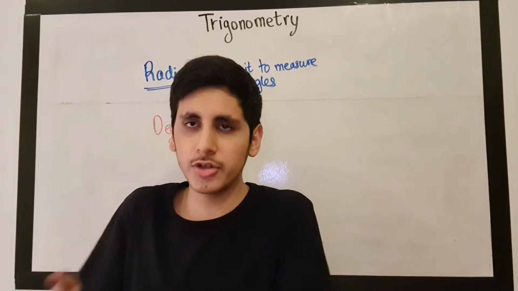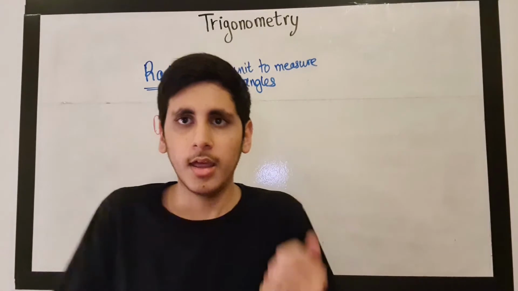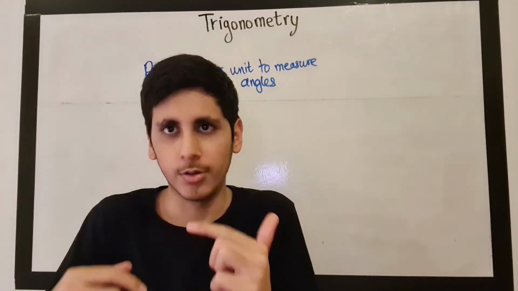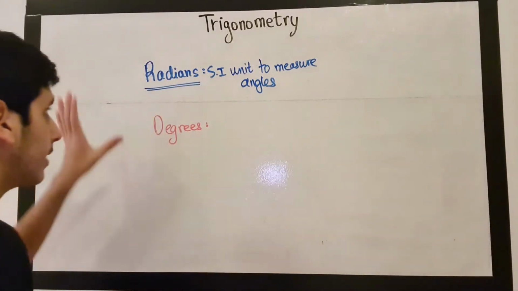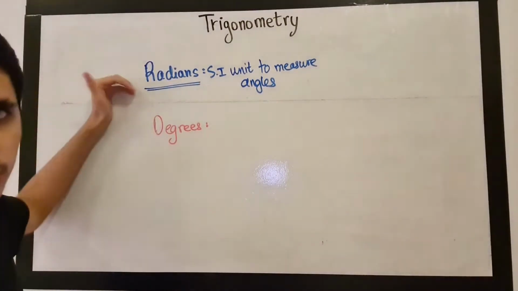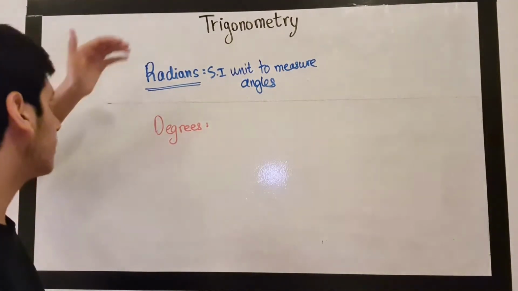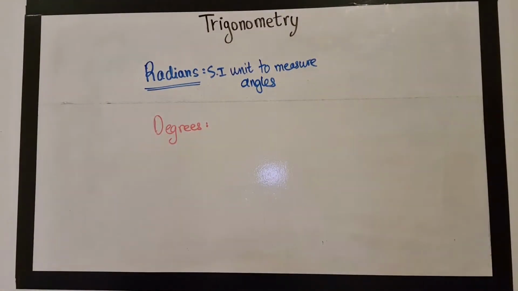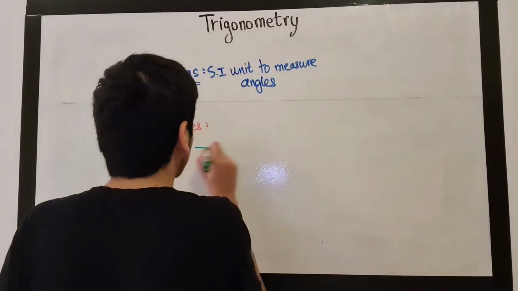A meter measures length, a foot measures length, and we have a relation between a meter and a foot. The same thing applies here. We have a relation between the 2 units of measuring angles.